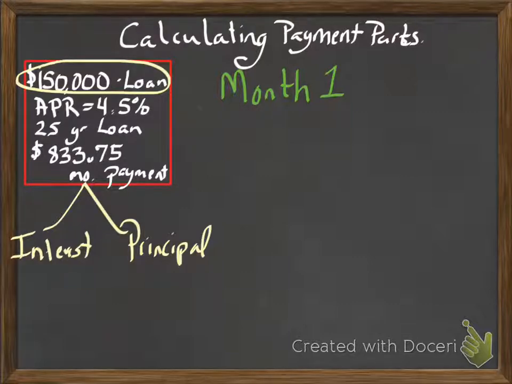So let's break that down, and we're going to look at it for each month. If I have a $150,000 loan, what type of loan is typically in that dollar range? House. So we're looking at a mortgage right here. Is 25 years for a mortgage loan reasonable?